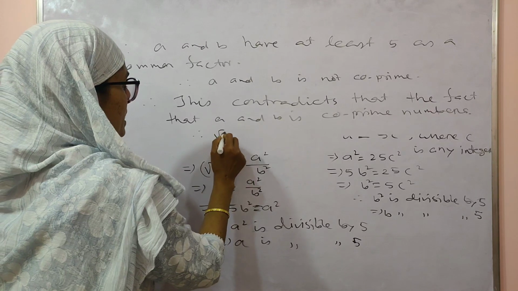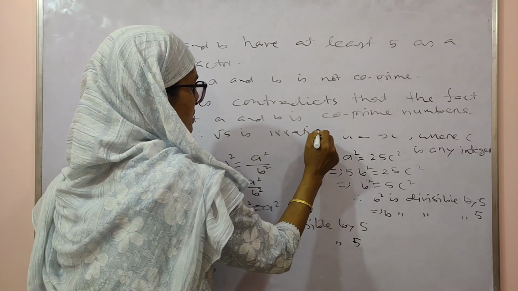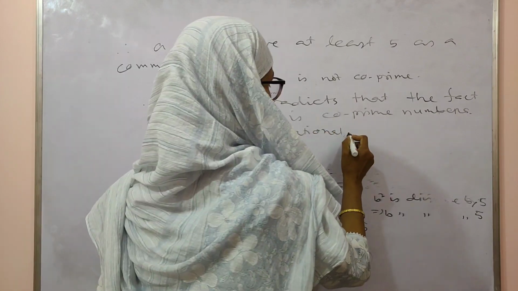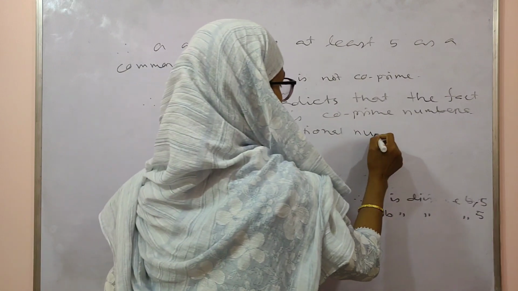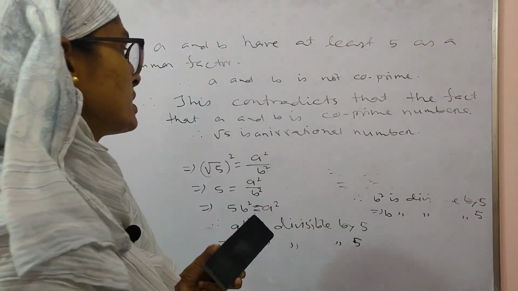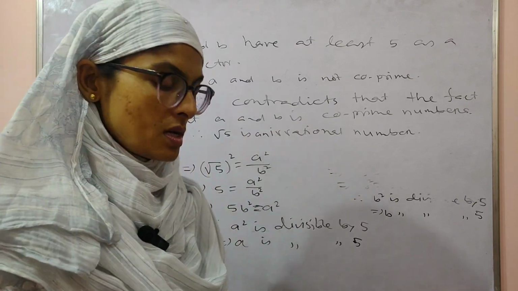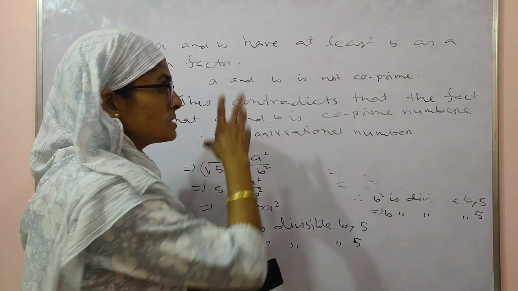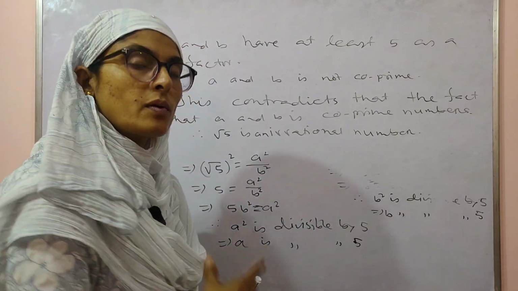Therefore, root 5 is an irrational number. So, you can prove root 7 in this way. You can prove root 9 in this way. So, this is the proof that root 5 is an irrational number by method of contradiction.